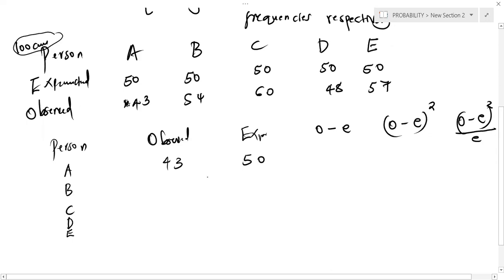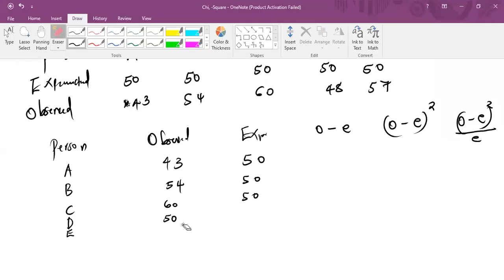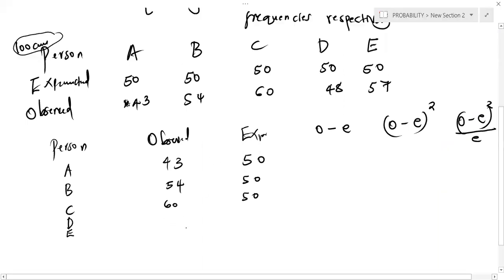For the next person, 54 and 50, 60 and 50, then 48 as the observed and 50 as the expected value, and finally 57 and 50.